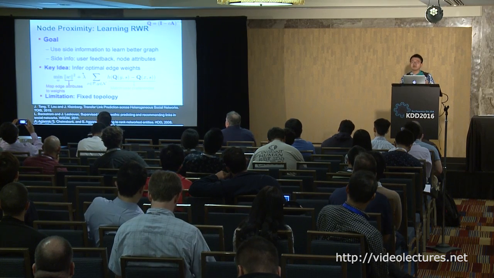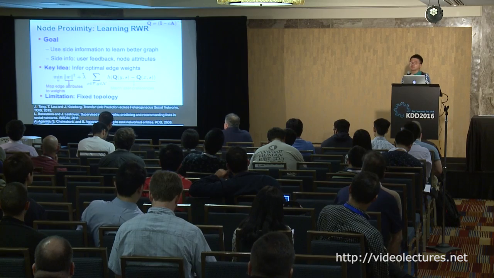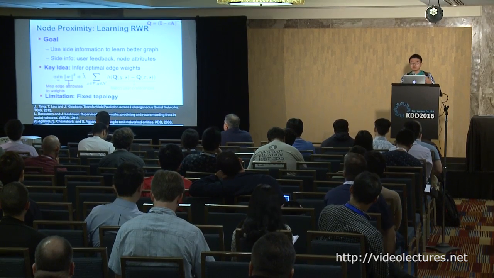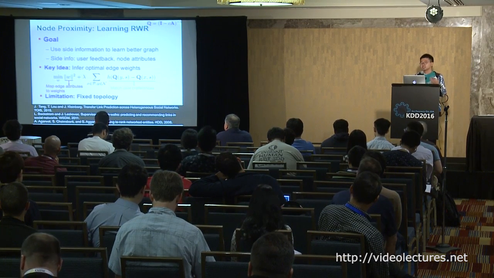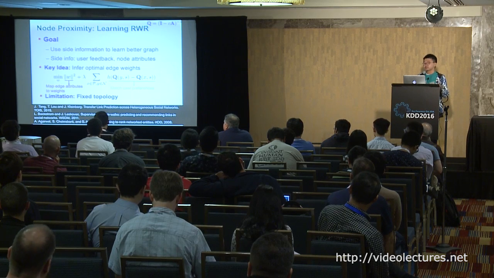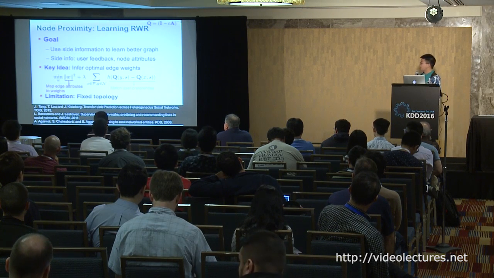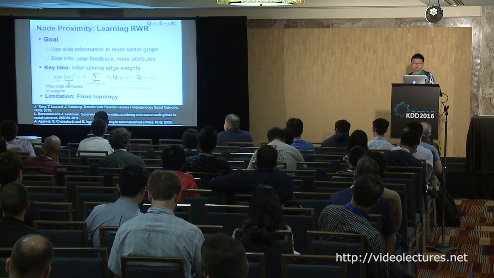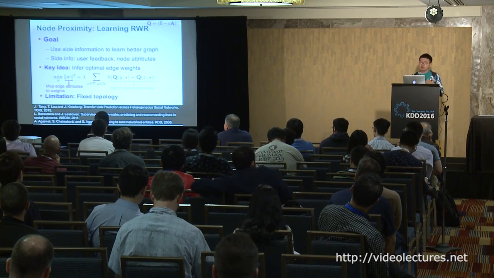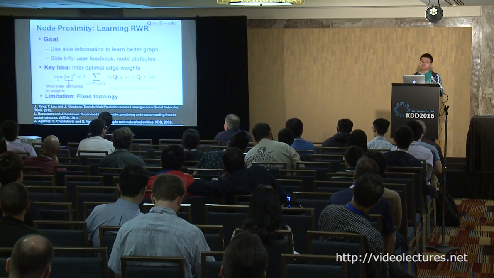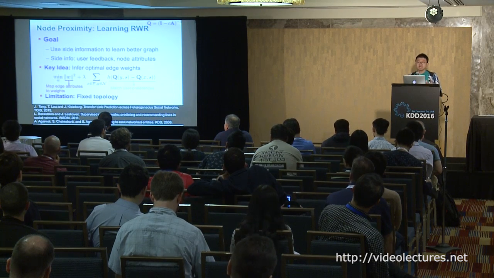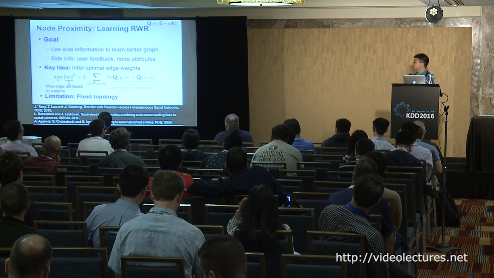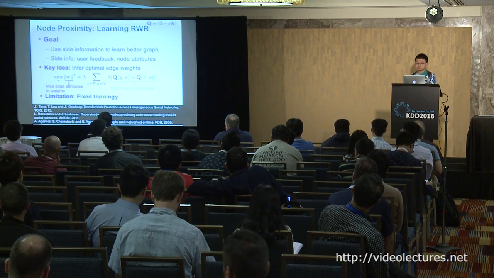They infer the edge weights from the attributes of the edges so that the proximity score from the query node to the positive nodes is greater than the proximity score from the query node to the negative nodes. Though they try to optimize the edge weights, they assume that the network has a fixed topology.